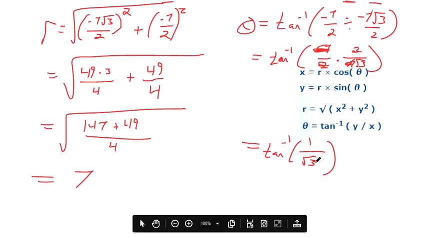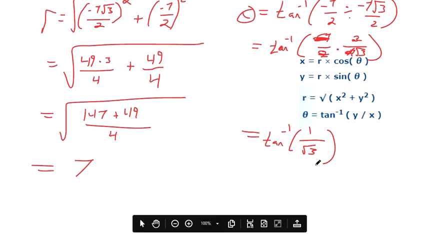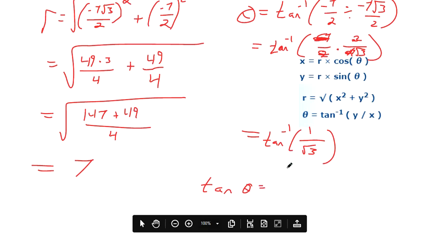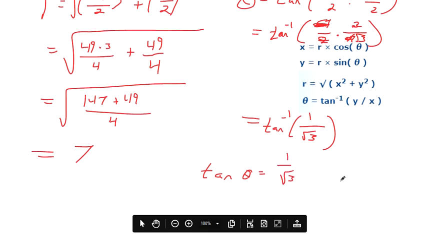You could use a calculator there, but this is like saying tangent of what angle equals 1 over the square root of 3. And that's where you could play around with the special triangles that we have. We know it's got to be the 30-60 one because that's the only special triangle that involves the square root of 3. Tangent is the opposite over the adjacent, so let's guess that theta is 30.